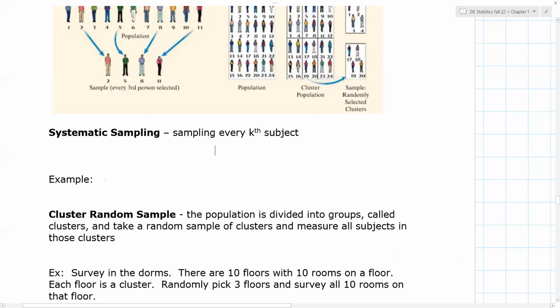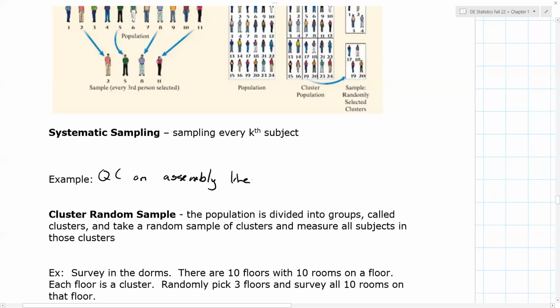So here you do quality control on an assembly line. But you can use it in other ways. The best thing about it is that you don't need to know the frame because you're just constantly looking at the 5th person or the 10th person or the 100,000th person or thing that you're making.